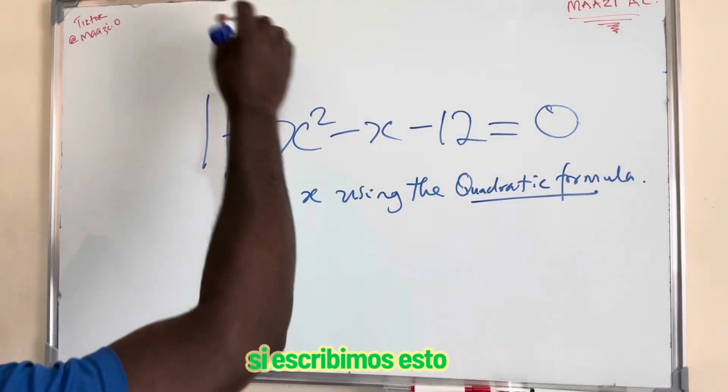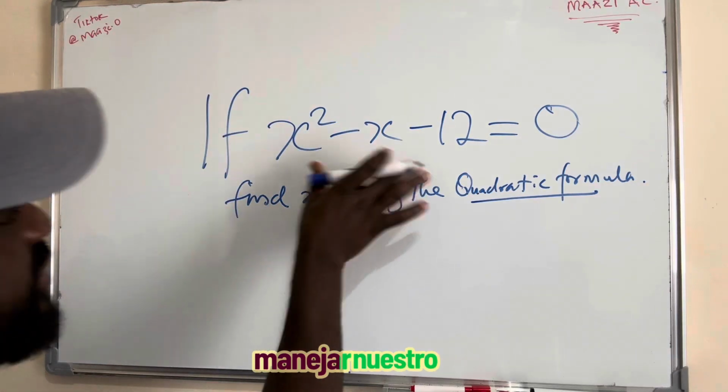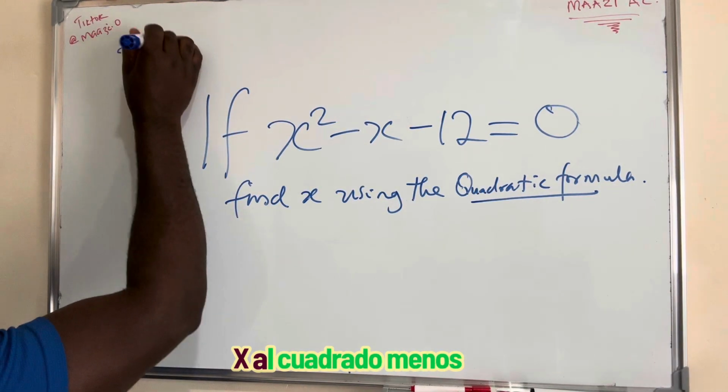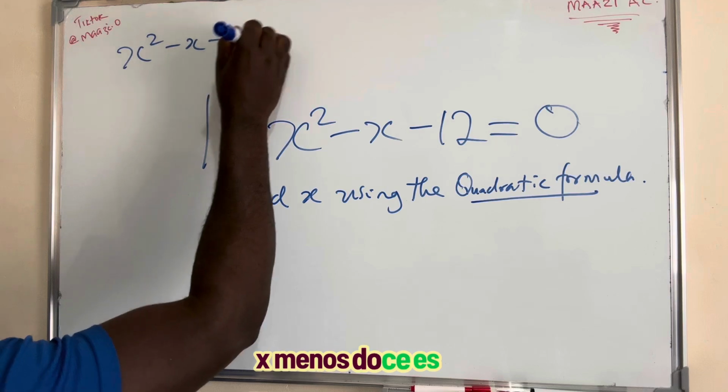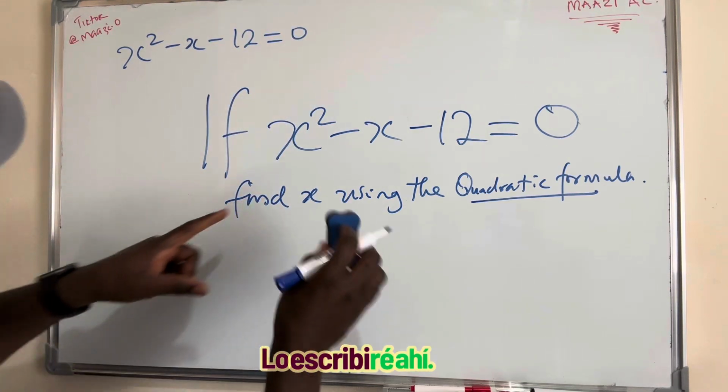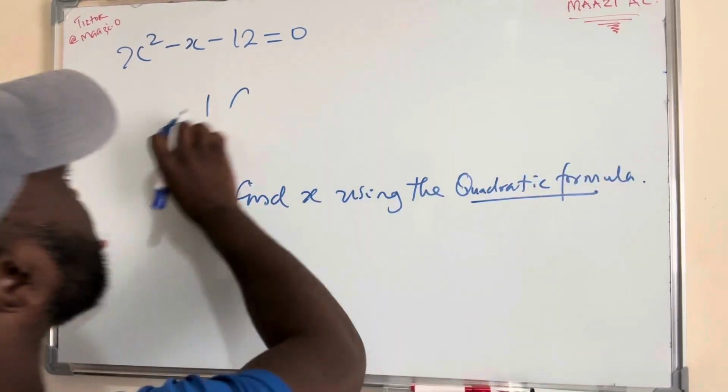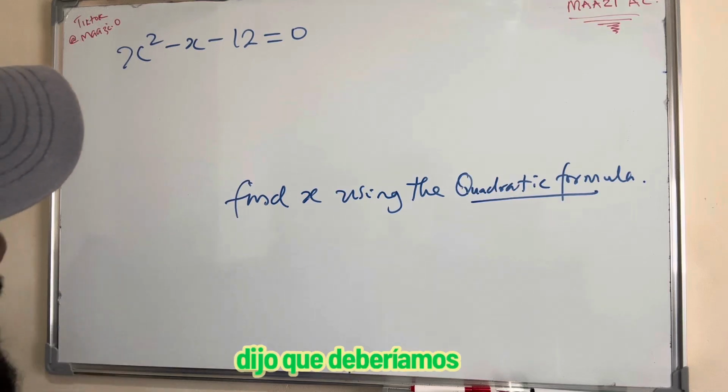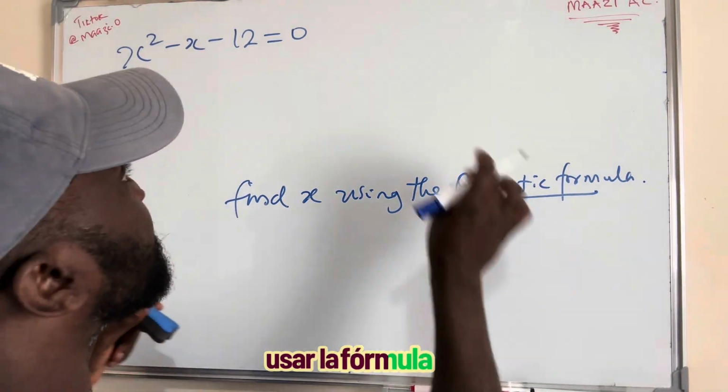If we write this here to manage our space: x squared minus x minus 12 is equal to 0. Remember, it says we should use the quadratic formula.